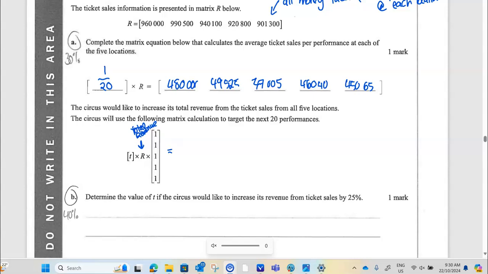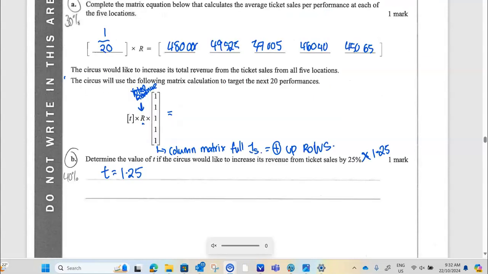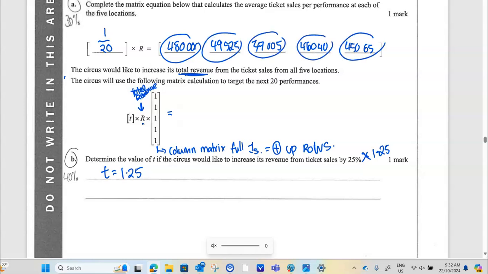So that means they're going to times it by something. Because they want the total revenue, this column matrix adds up all of these values and gives the total amount they make, in one number. But because the circus as a whole wants to increase this by 25%, if you increase something by 25%, you're timesing it by 1.25.